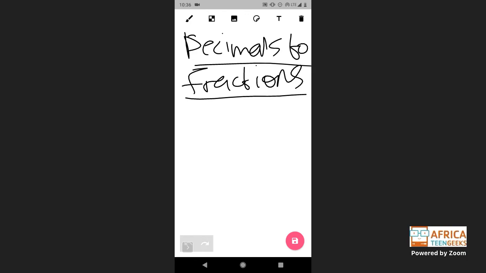You know that when I was reading the definition there for you, I told you guys that you can convert decimals to fractions and vice versa, meaning that you can also convert fractions to decimals, back and forth, just like that. So here we have our first example for a decimal, because we need to convert this decimal to a fraction. So we'll use this example, which is 0,4.